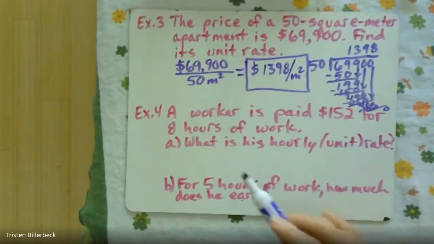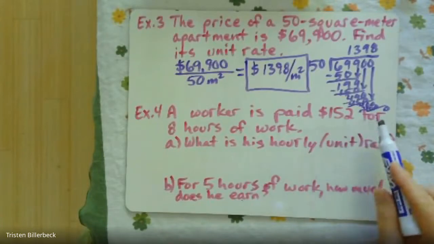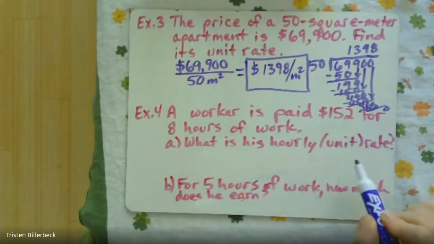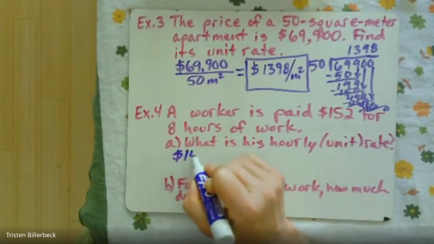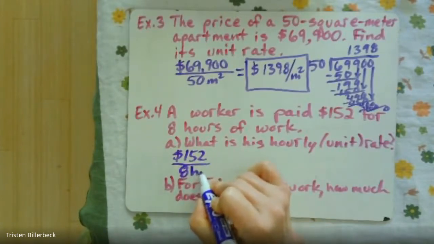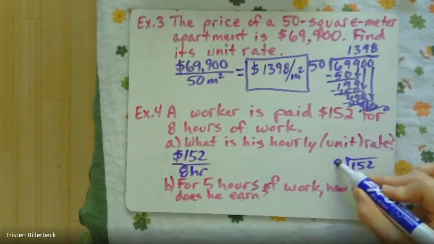All right, a worker is paid $152 for 8 hours of work. What's his unit rate, or hourly rate? So we have $152 over 8 hours, and we want to divide 152 by 8.